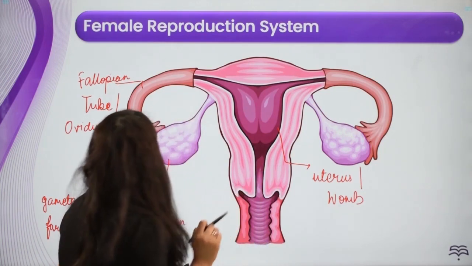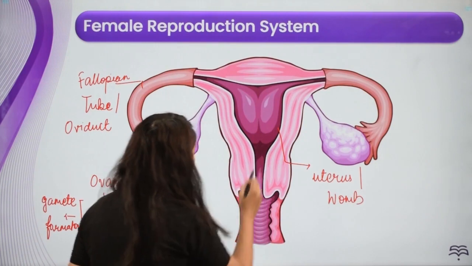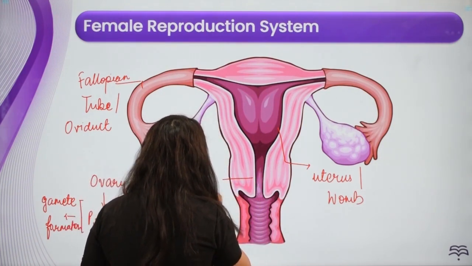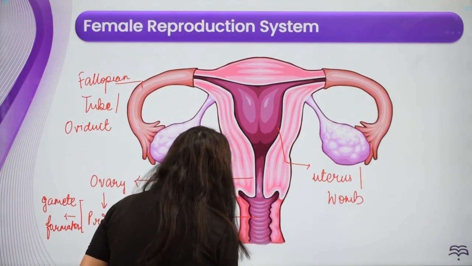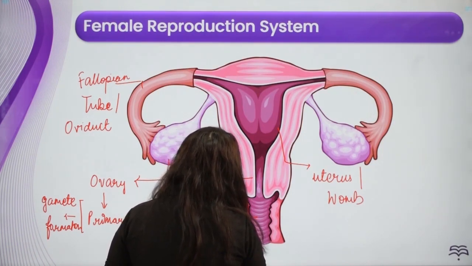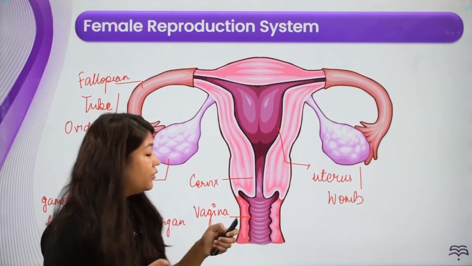This is the third important structure of the female reproductive system. Now this uterus is going to open into the cervix, and the cervix is going to open into the next part, which is called the vagina. So these are the parts that we are going to focus on in this particular video.